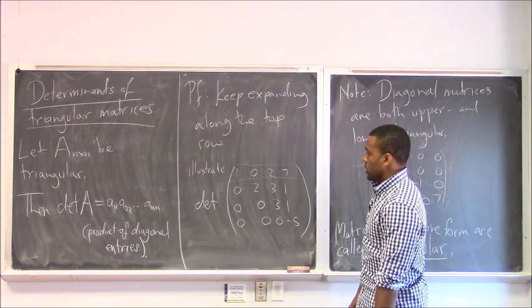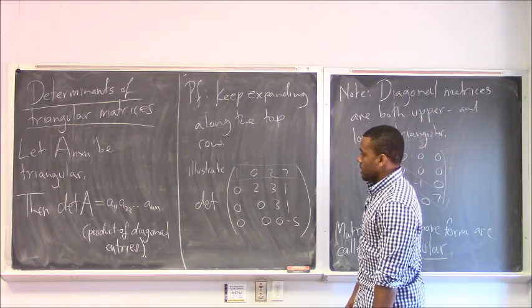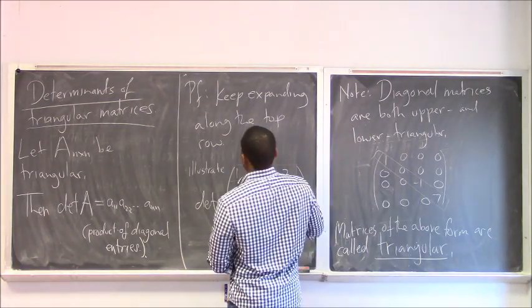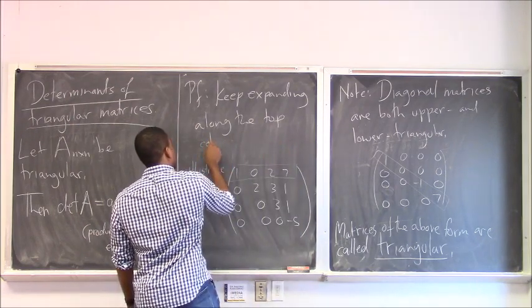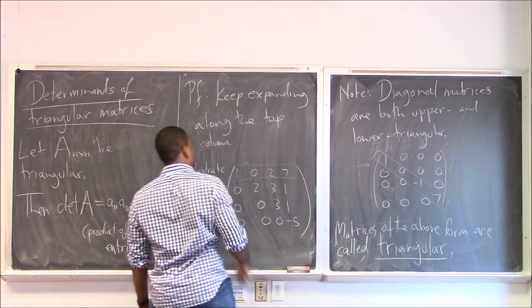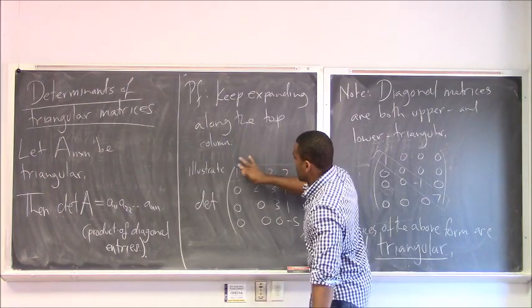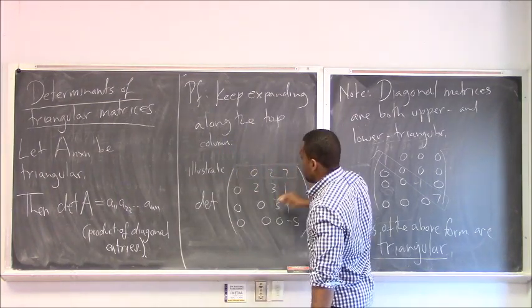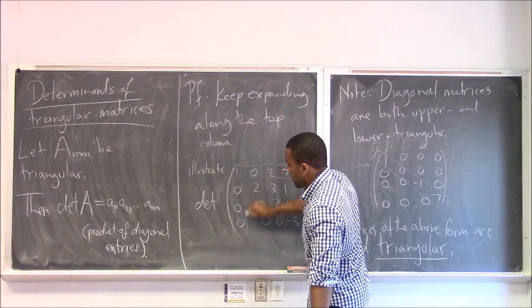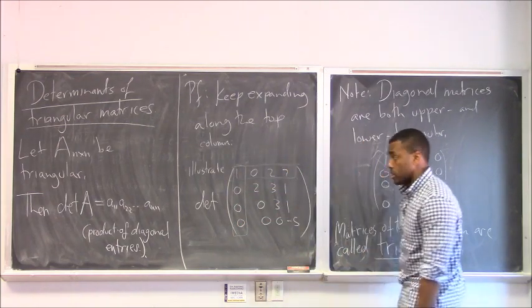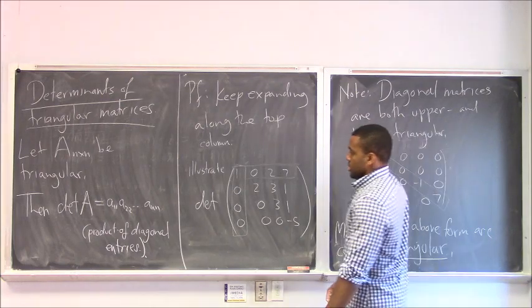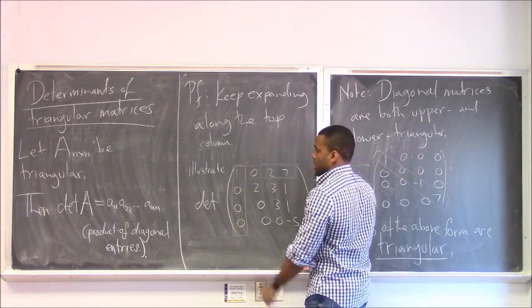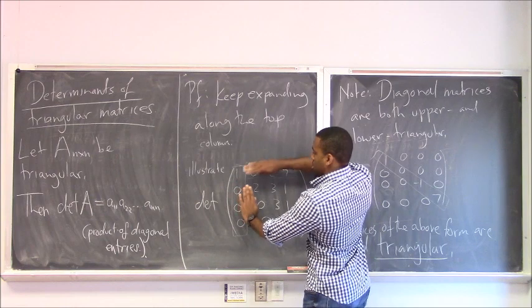Well, if I start expanding along the first column, although it won't matter, first row would be nice. I'm going to expand along the area with most zeros. It turns out that the first column for an upper triangle will always have the most zeros. It's the first row for lower triangles, right? So if I expand along this, none of these guys matter. I just have +1 times this guy.